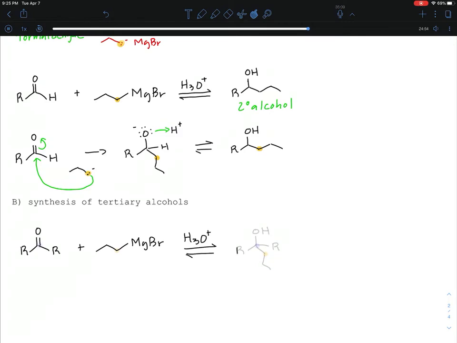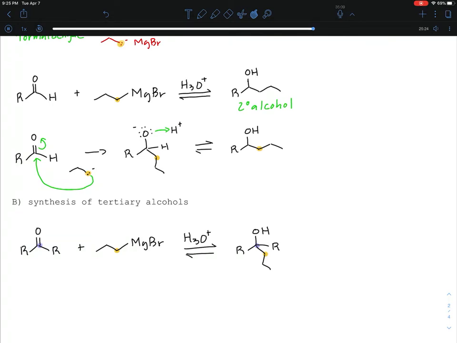Then I get this. Same mechanism. This right here is this right here, and this right here is this right here. So we formed a bond between those two carbons using a carbon nucleophile.